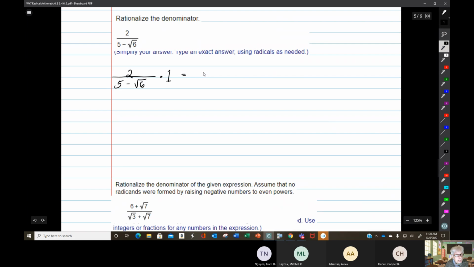But here's the form it's going to take. The conjugate of 5 minus the square root of 6, which is 5 plus the square root of 6.